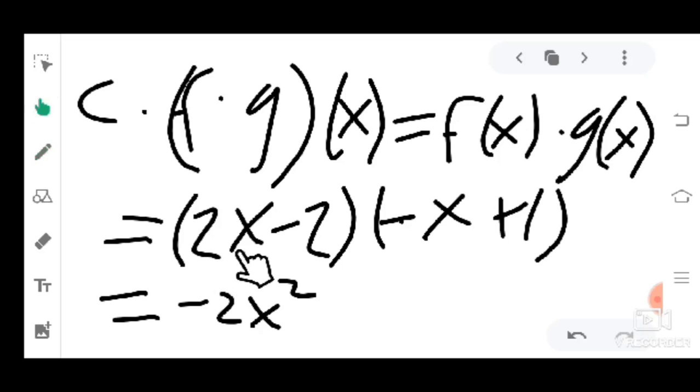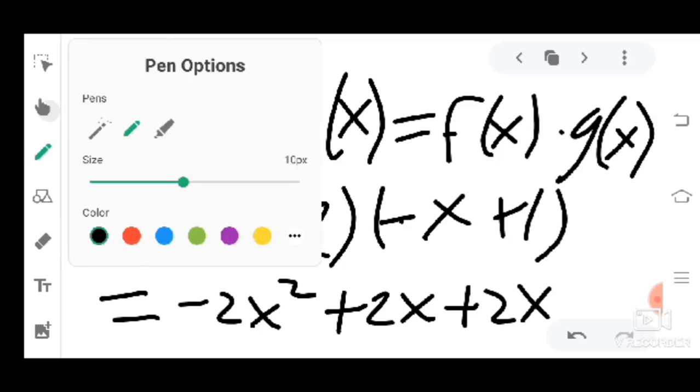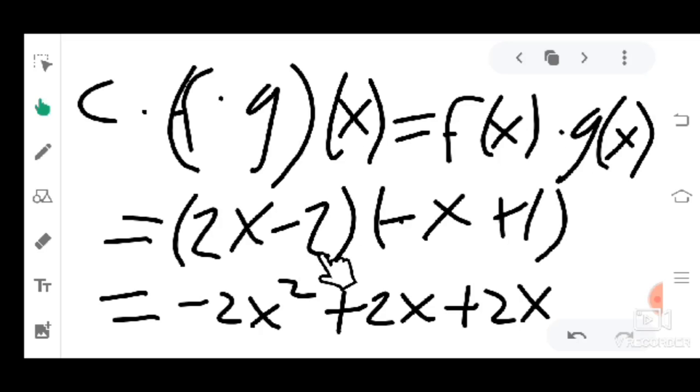Next is for the outer terms, 2x times 1, that is positive 2x. For the inner terms, negative 2 times negative x, still positive 2x. Then for the last terms, negative 2 times 1 is negative 2.